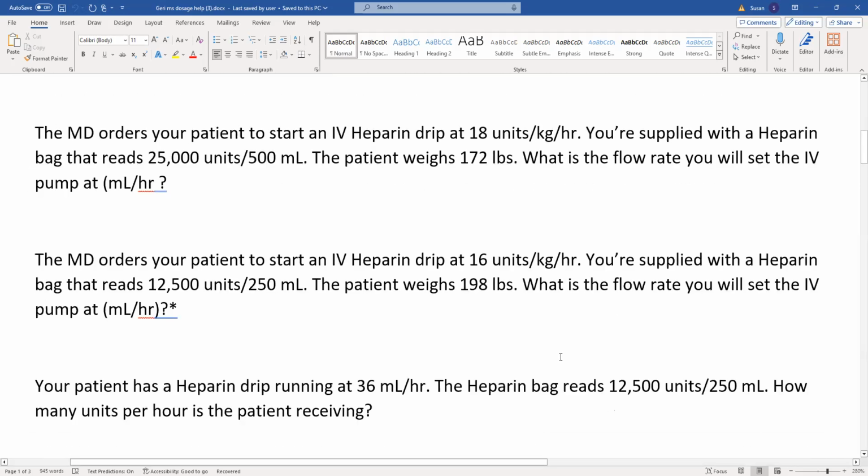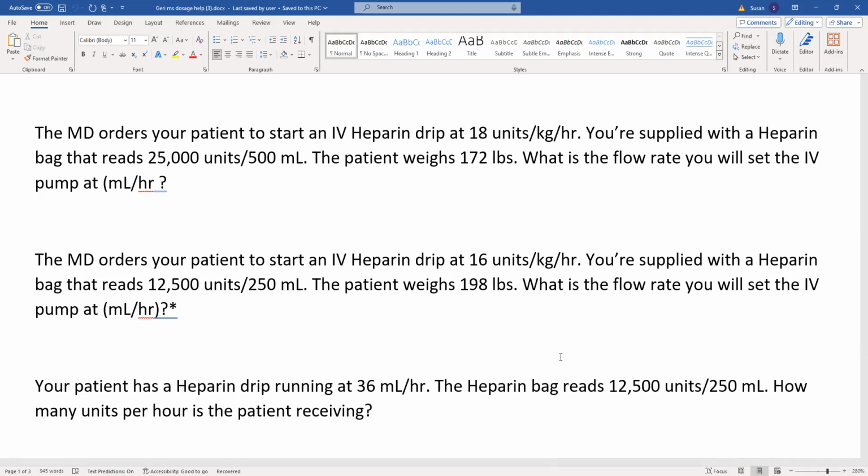All right, now look at the next one. The next one's just desired over have. The only difference with this is your desired dose is based on your patient's weight. So you don't know what the desired dose is until you take the weight, convert it, and multiply it by what's ordered. So 172 divided by 2.2 times 18 is going to tell you your desired dose.